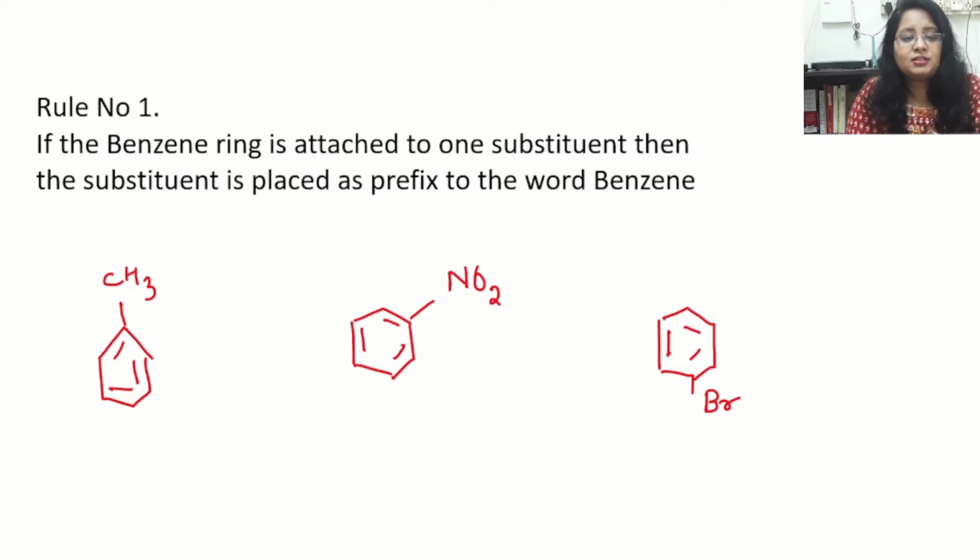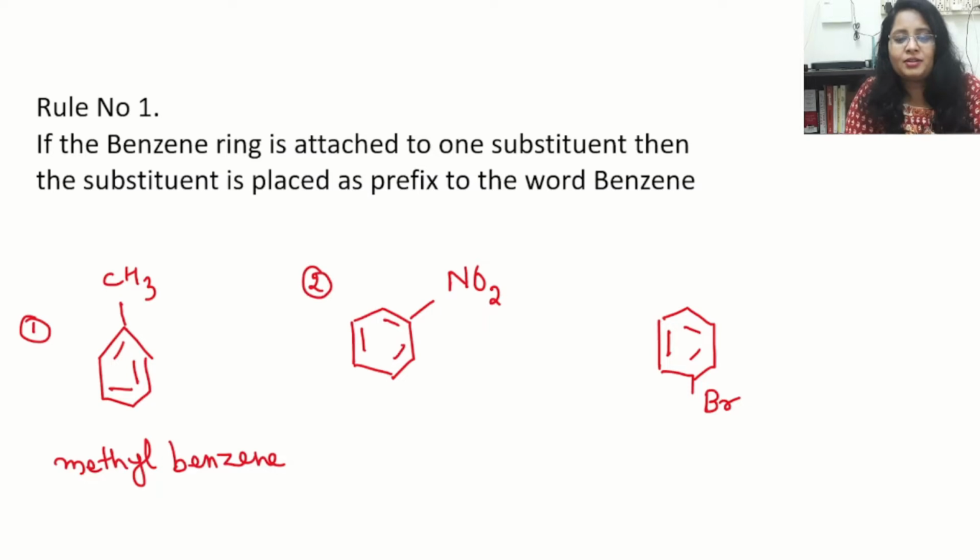So in this first one, there is a methyl group attached to the benzene ring. So how do we write a name? We will write methyl benzene. Isn't it easy? Let's try the second example. The substituent is nitro group. So we will write nitrobenzene.